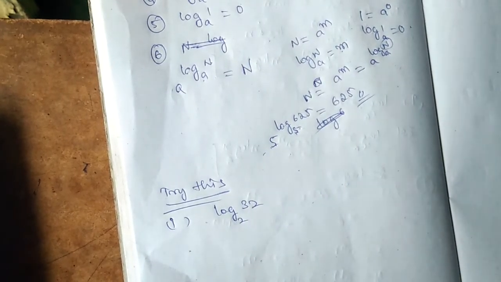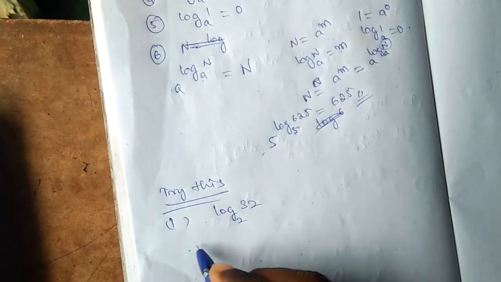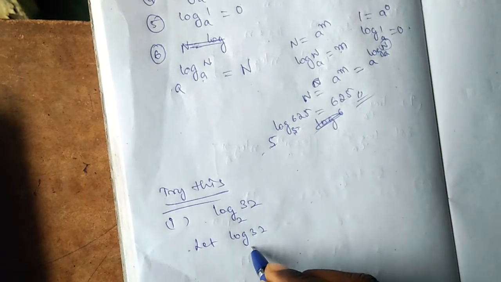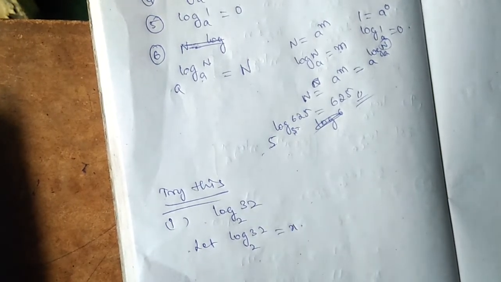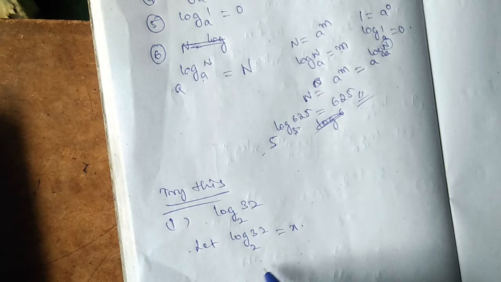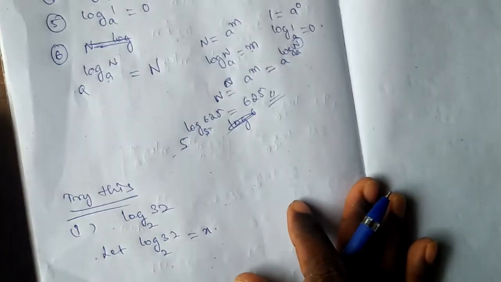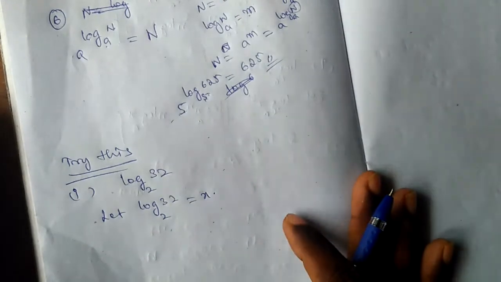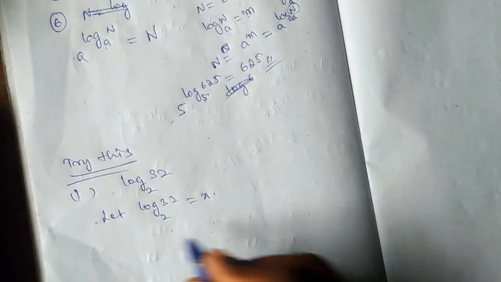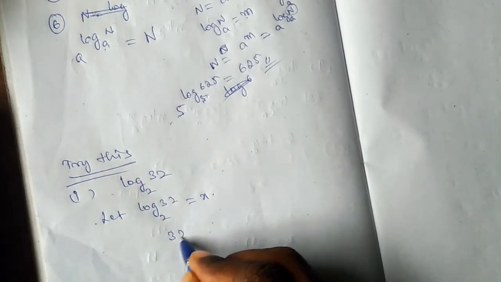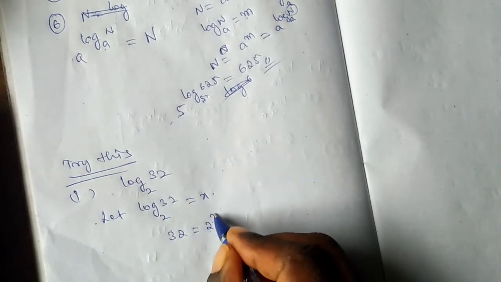Let log 32 base 2 be equal to x. It is a logarithm form, so we have to change it into exponential form. Yes, you are correct: 32 is equal to 2 to the power of x.